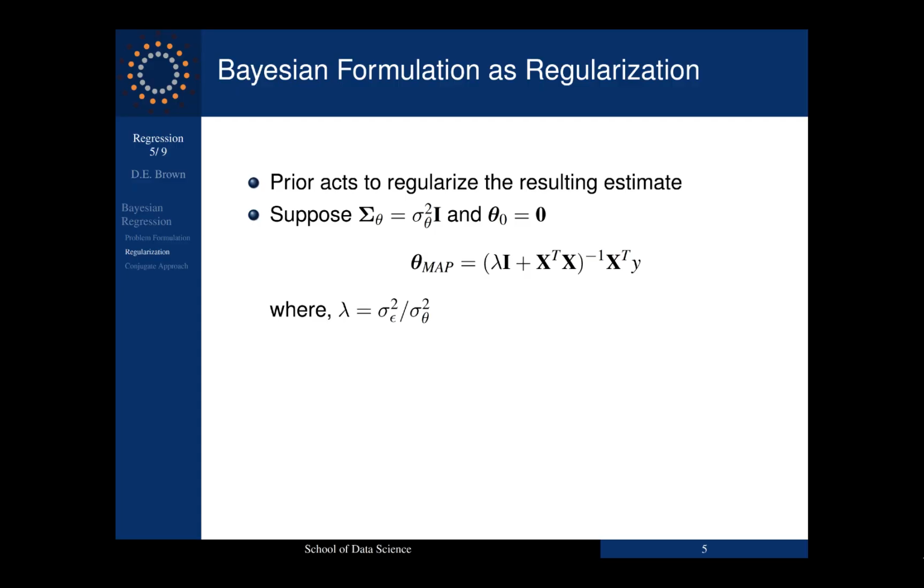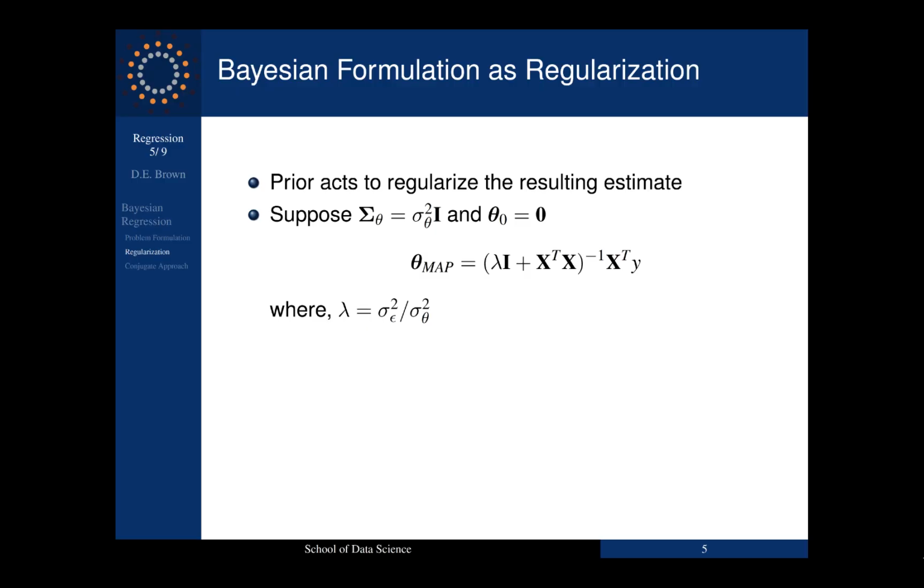Then the MAP estimate is given by, notice we have another parameter in there, lambda. And that parameter is just the ratio of the two variance components that we have. The one variance component, sigma squared sub epsilon, is the error that is contained within the regression model itself. And sigma squared theta is the error that's contained within our prior distribution.